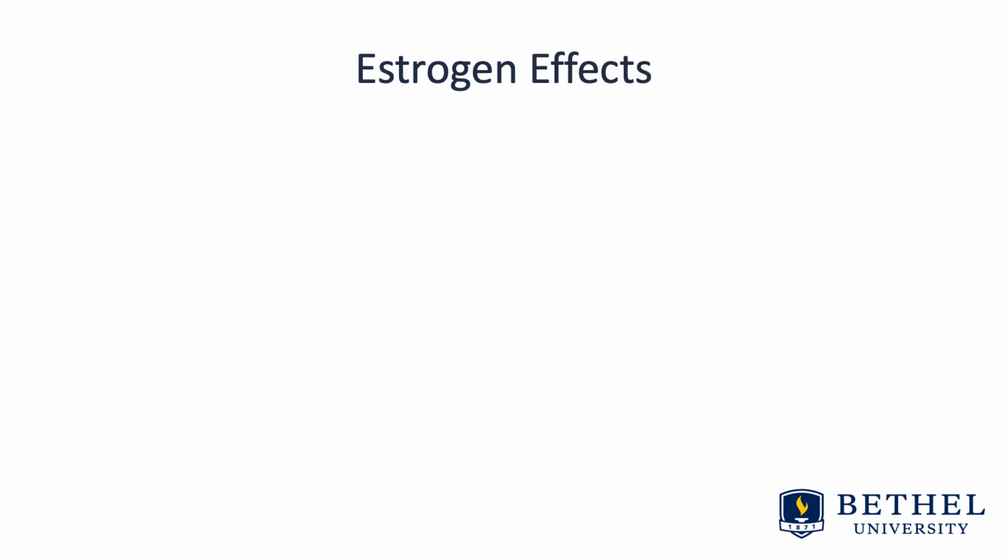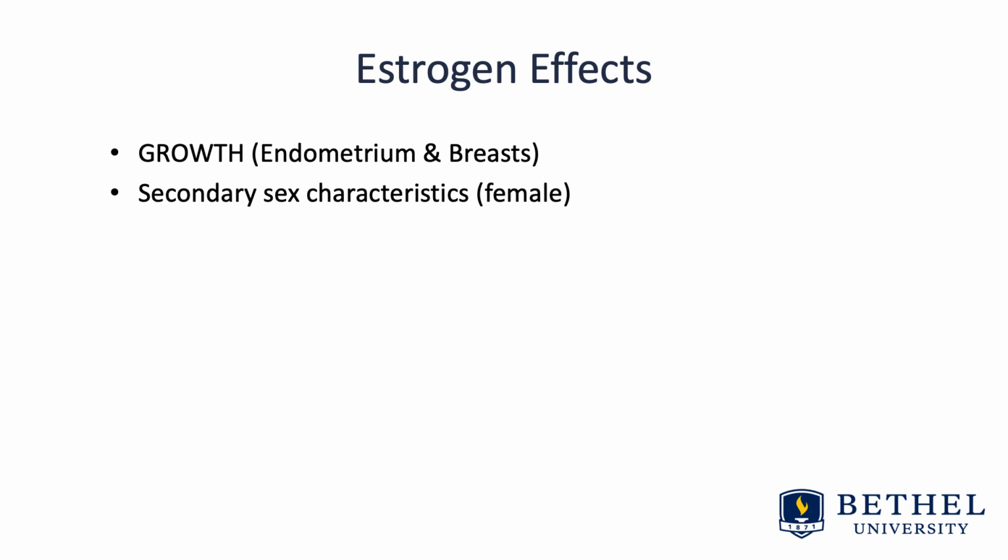What effects does estrogen have on the body? Estrogen makes things bigger. Whether we're talking about growing the endometrial lining or breast tissue development, estrogen means growth. It's responsible for secondary sex characteristics in females. It increases blood flow, especially to the surface of your skin. So estrogen is what's credited with causing a soft, glowy skin complexion.